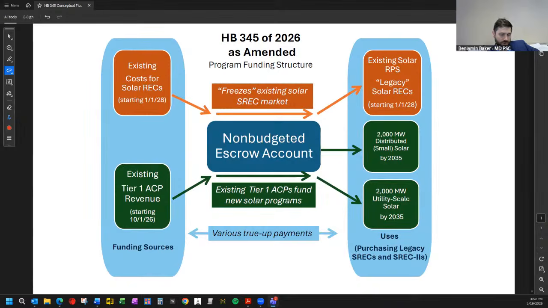If they own their own solar plant and they want to use that to satisfy their obligations, they certainly can. The thing that changes is the cost of their alternative compliance payment for SRECs is now based off of the weighted average cost of what you see in the orange and the green here, in order to make sure that their incentive to buy the solar is matching what is happening with the investor-owned program.